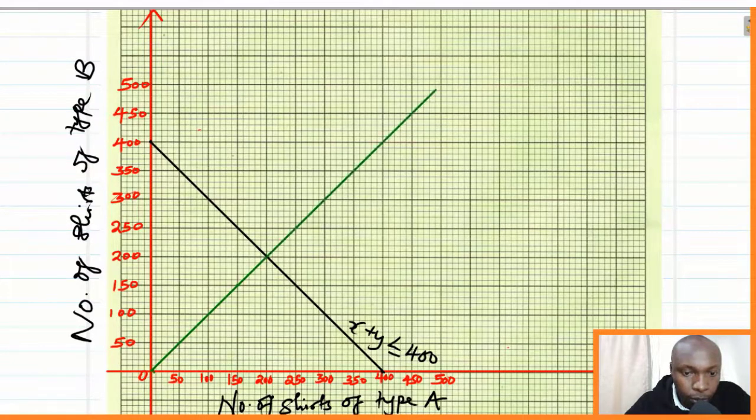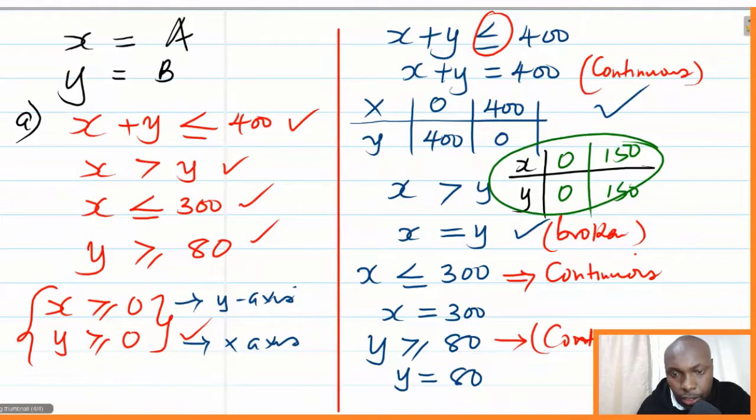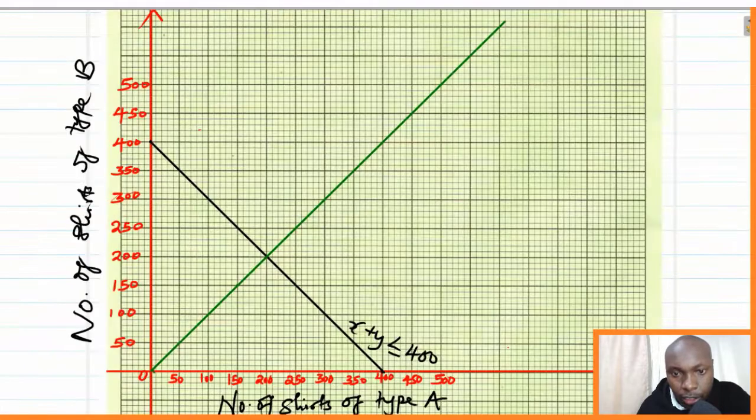So that is the line, and let me write the inequality, that is x is greater than y. Now it is good to note that this line should be broken, so I'll just leave some sections there to indicate that it is not a continuous line, like that.